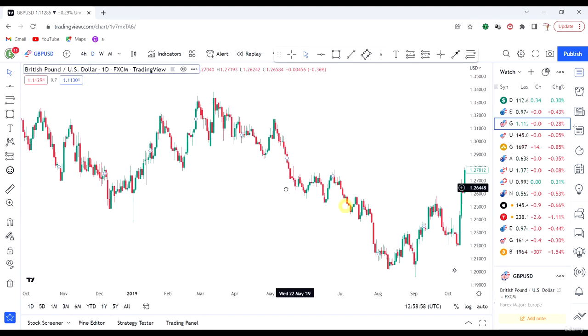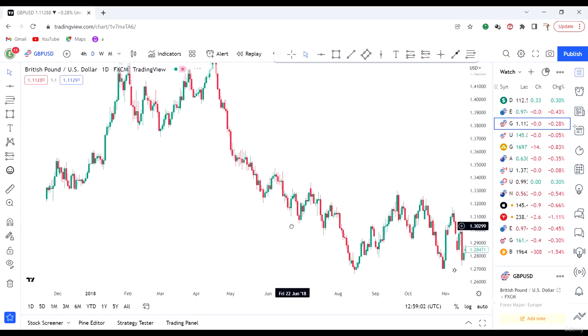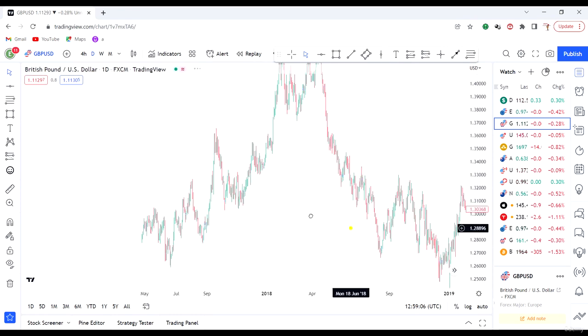This also occurs in a downtrend scenario. Let me look for a good example.